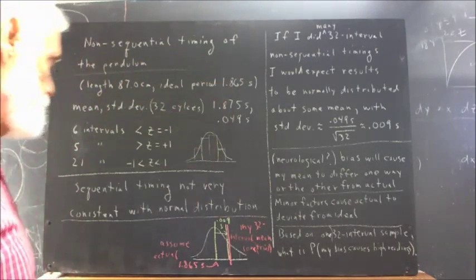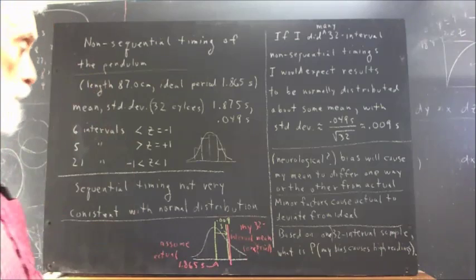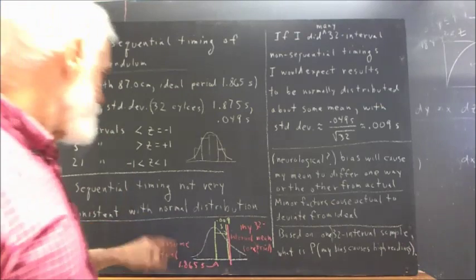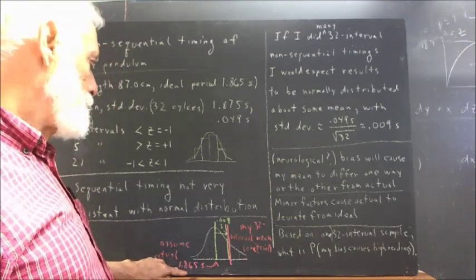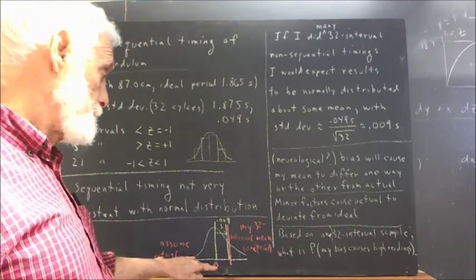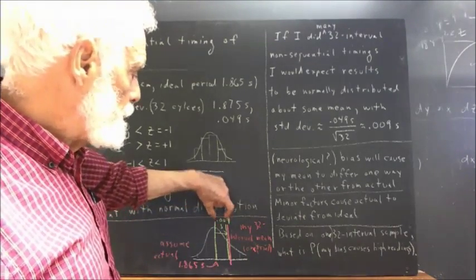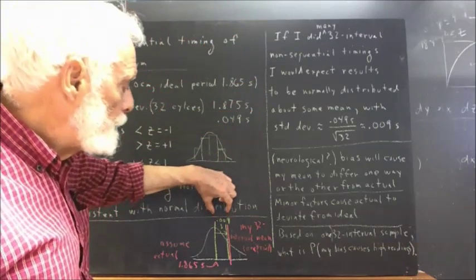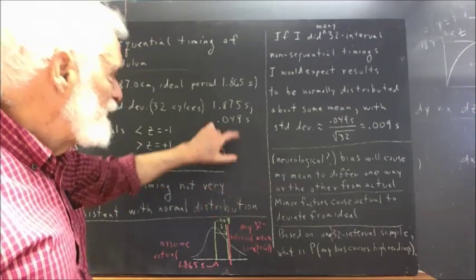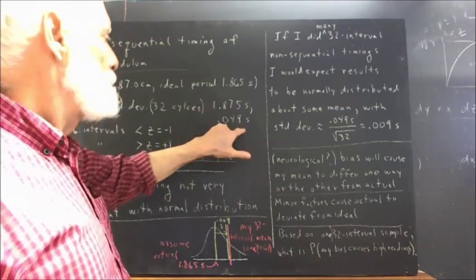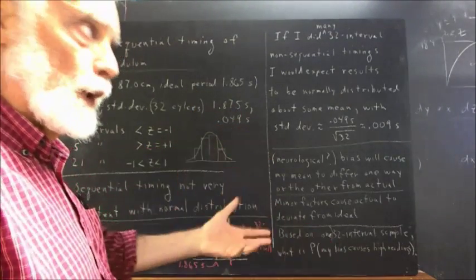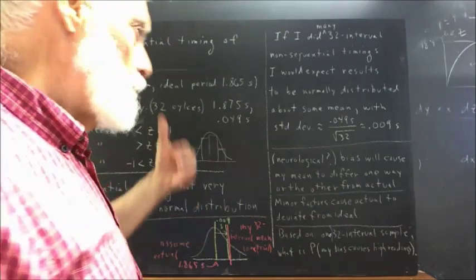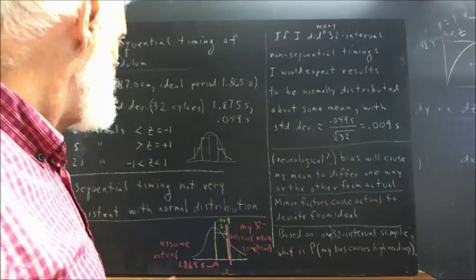So what's the probability then, if this is the only information you got about my timing, that I tend to time high? Well, you can't draw firm conclusions, but you can say, okay, we're going to assume an actual time interval of 1.865 seconds. Standard deviation for my 32 interval trials would be 0.009 seconds. And again, this 0.049 seconds is just based on one 32 interval trial.